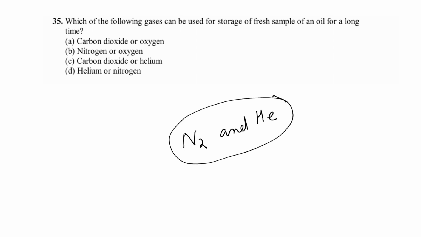They show less tendency to react with fat, oil, or even with other gases. So these two gases are preferred for storing food, oil, whatever it is. So the answer is helium or nitrogen. Remember that point.